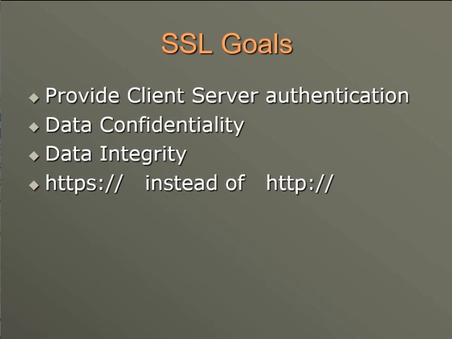One of the most important goals of SSL is to provide server and client authentication, data confidentiality, and data integrity. Application layer client-server programs such as Hypertext Transfer Protocol, HTTP, that use the services of TCP, can encapsulate their data in SSL packets.